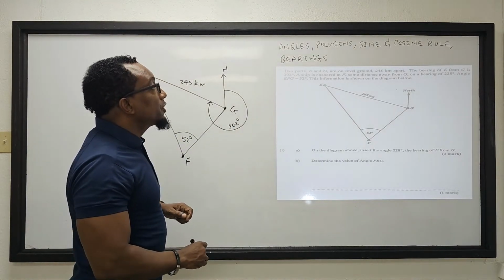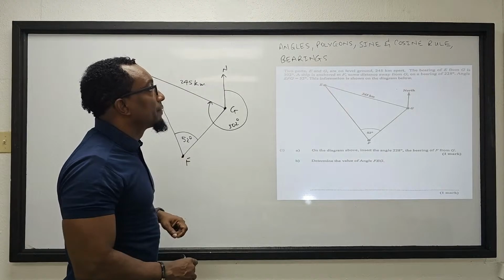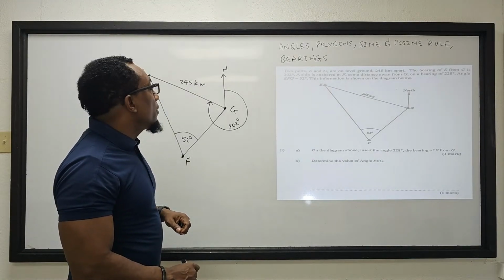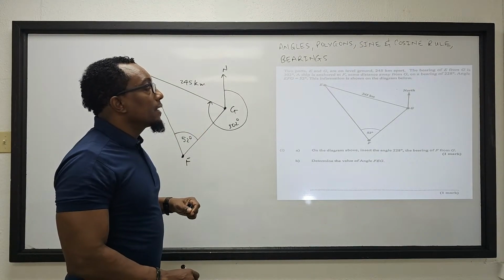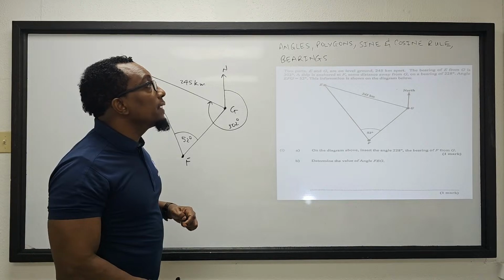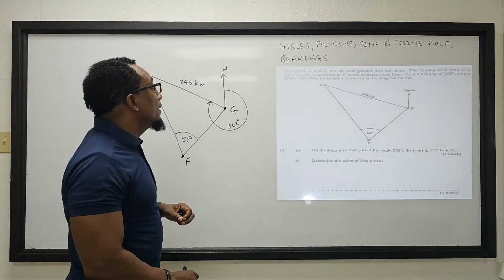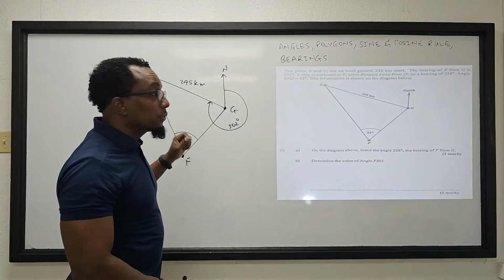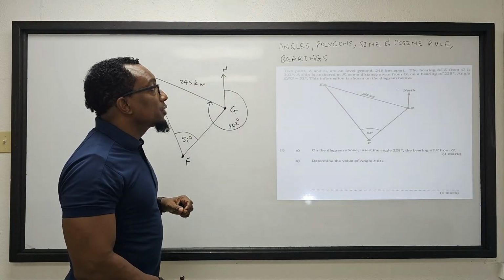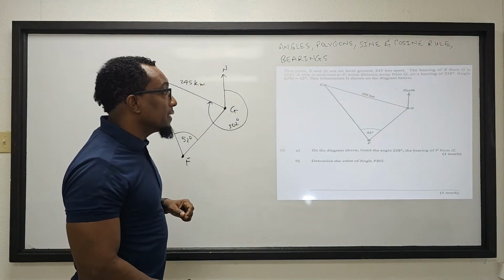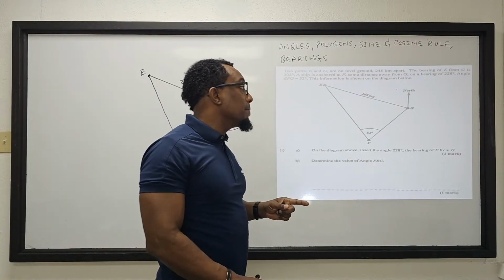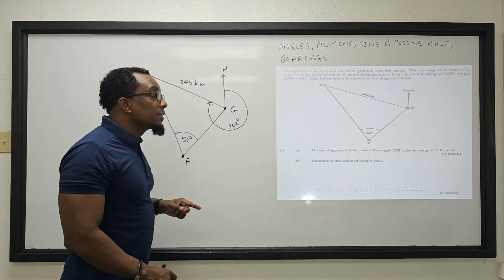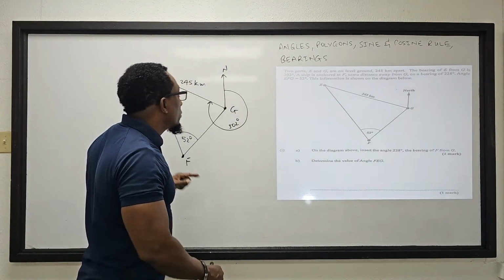Then, a ship is anchored at F, some distance away from G, on a bearing of 228 degrees. Angle EFG is 52 degrees, you can see. This information is shown on the diagram below. So they want us to insert on the diagram the bearing of 228 degrees of F from G. So where's that angle?